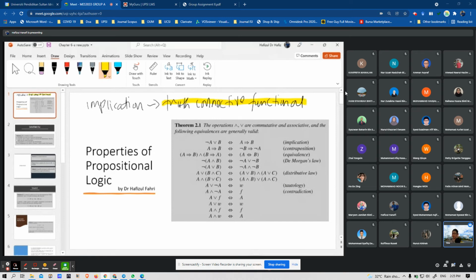Secondly, we are looking at contraposition. First we go by the implication, and then secondly we go by the contrapositive, or contraposition.